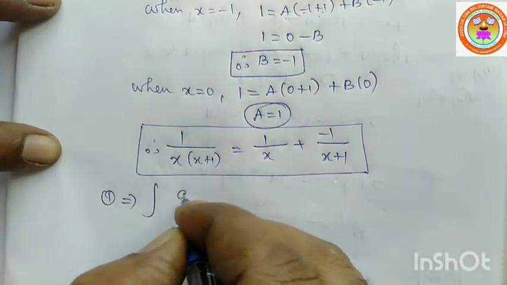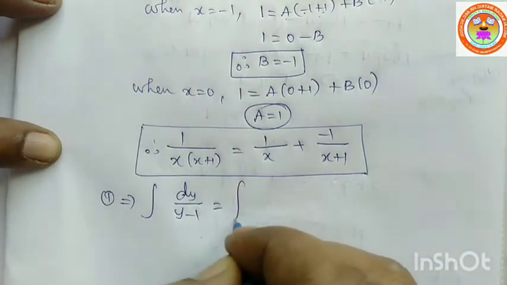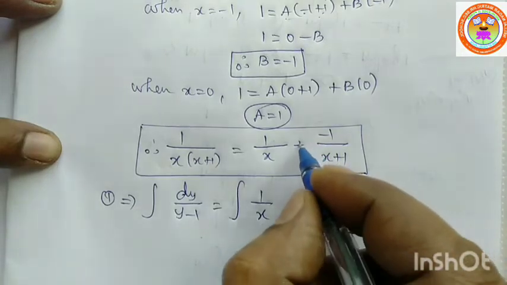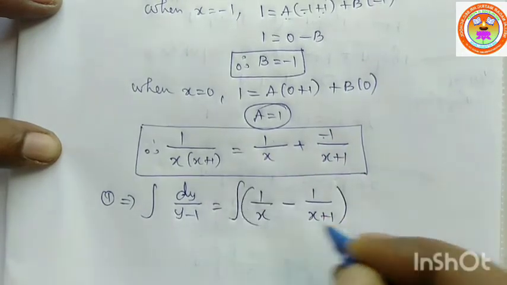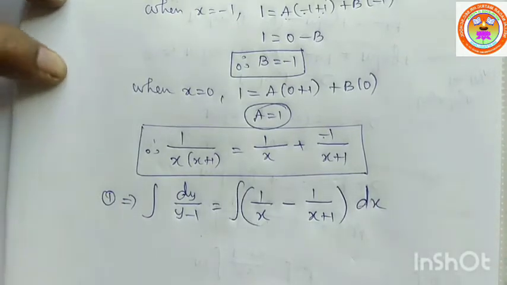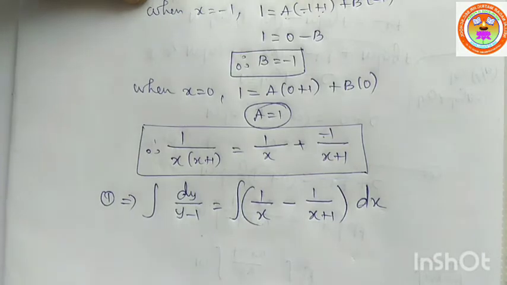integral of dy by y minus 1 is equal to integral of 1 by x minus 1 by x plus 1 into dx. See, the differentiation of the denominator is there in the numerator, right? The differentiation of y is 1 into dy. Differentiation of minus 1 is 0.